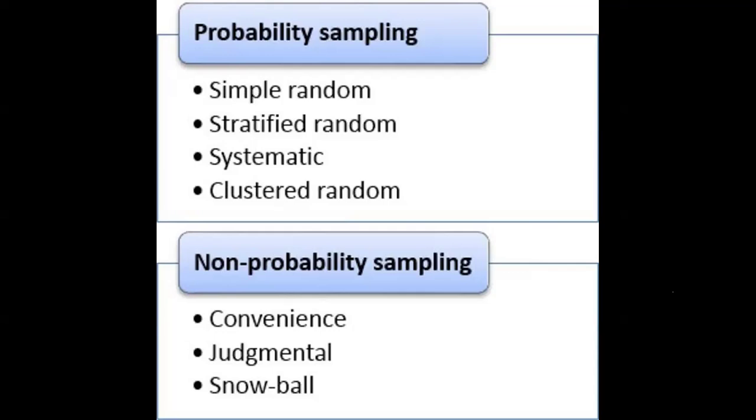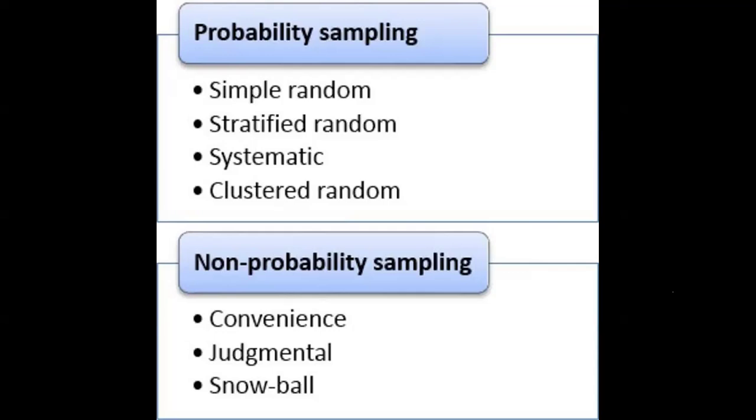Whereas non-probability sampling methods, as the name itself suggests, are not statistically derived. There are different methods to gather that particular sample, but a clear distinction should be made in your minds.